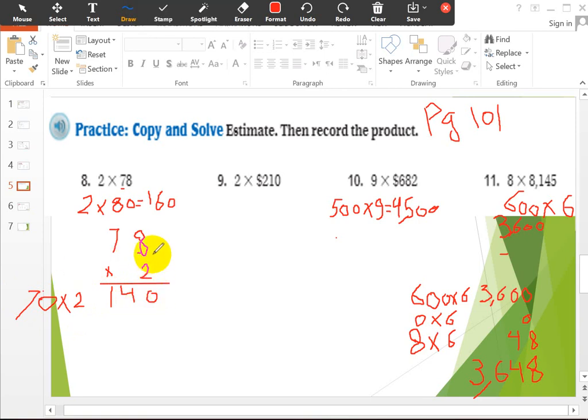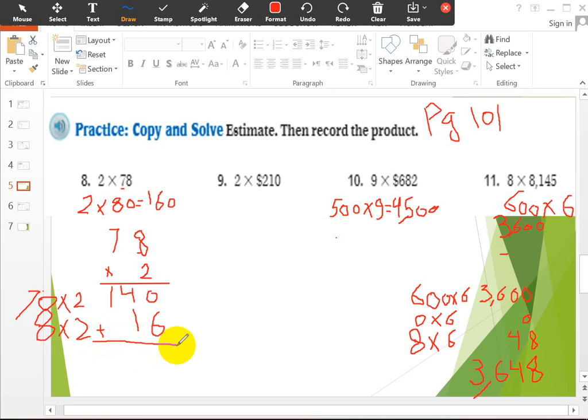Now I will multiply 8 with 2, because the value of the number in the ones digit equals the same number. That means 8 multiply 2 equals what? Equals 16, right? So I will order this 16 under the 140, and then I will add the numbers.